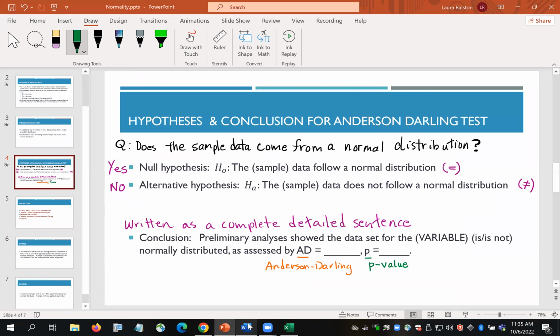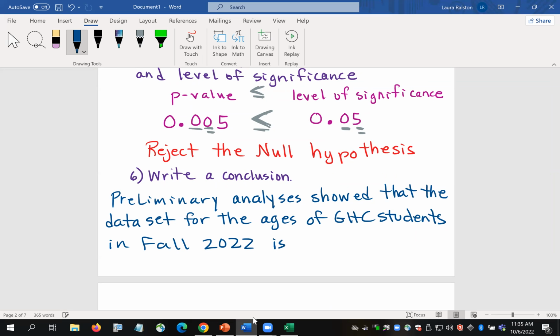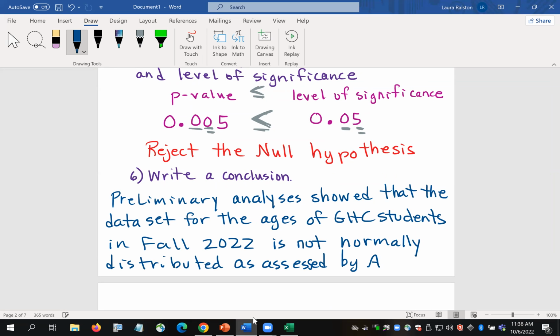The data set for the ages of GHC students in fall 2022 is not normally distributed as assessed by an Anderson-Darling value of 7.020 with a p-value of 0.005. And there you go.